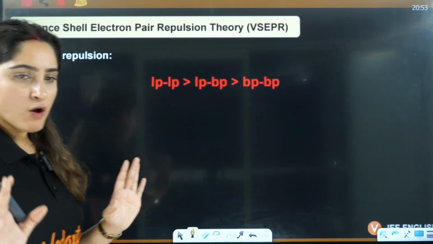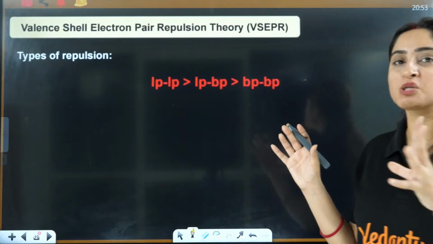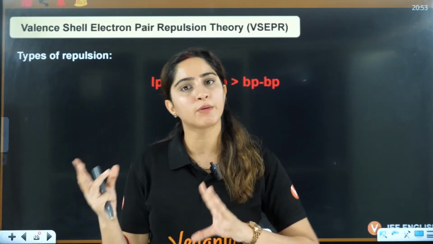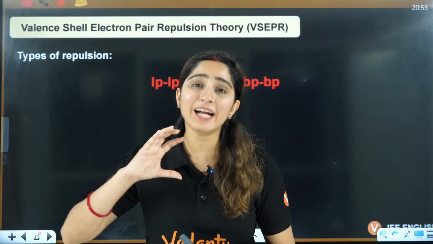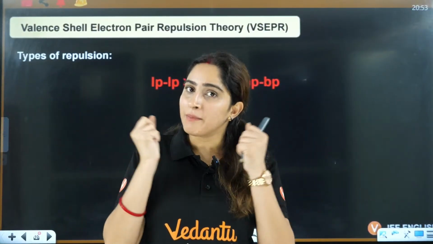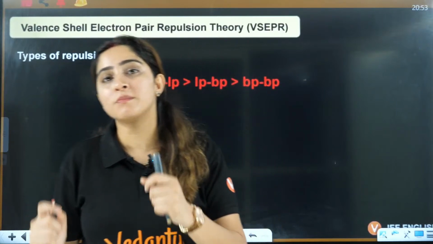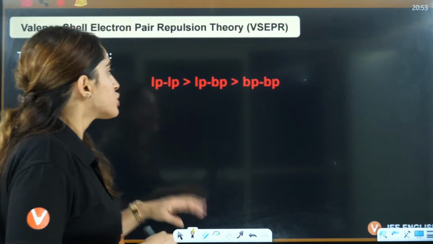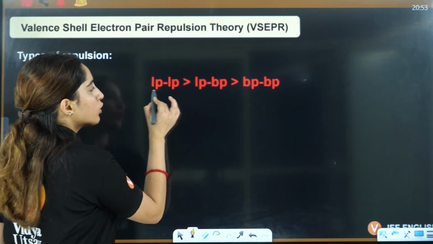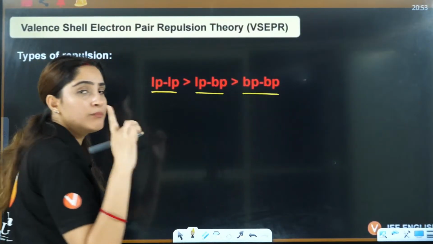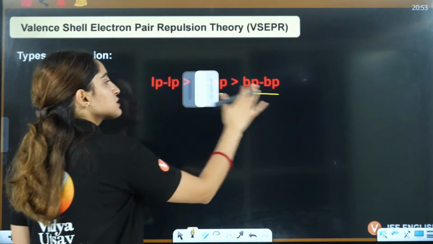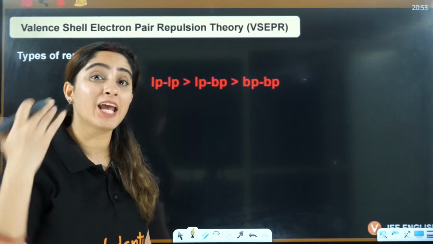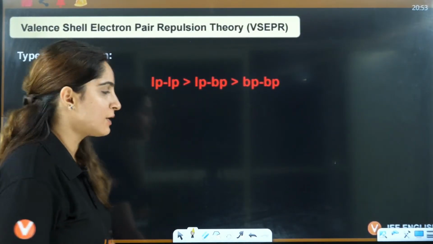Now let's understand the main crux of this theory: there will be lone pair, bond pair repulsions, and to maximize the distance and minimize the repulsions, they will form certain structures that we call geometry. The repulsions are maximum between lone pair and lone pair, then lone pair and bond pair, and minimum between bond pair and bond pair. So shape is going to change depending upon that, right?